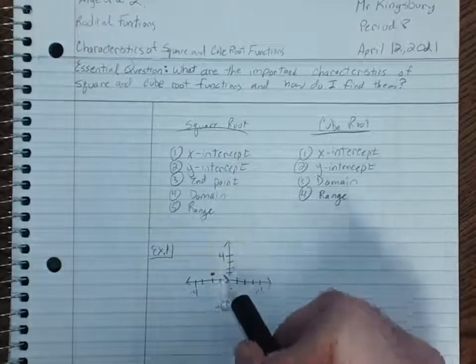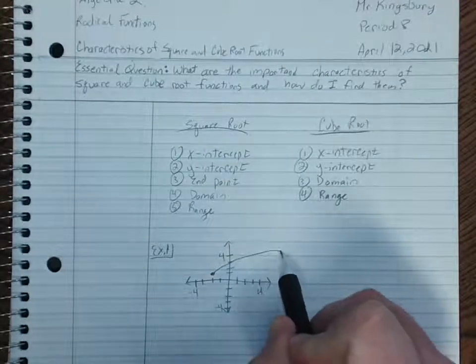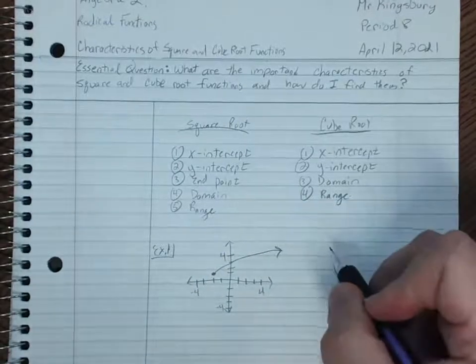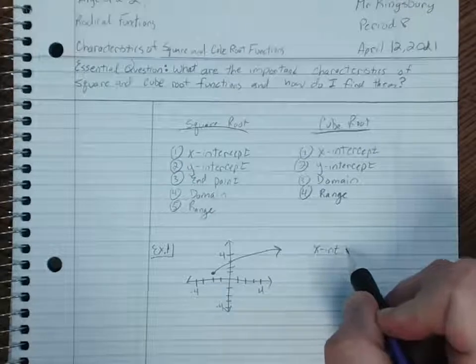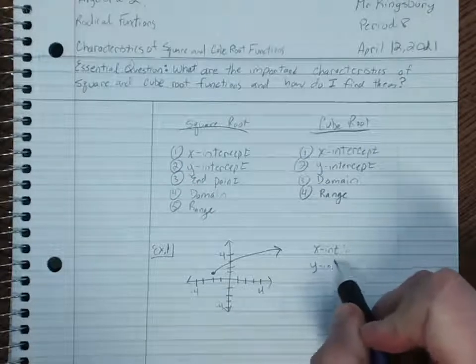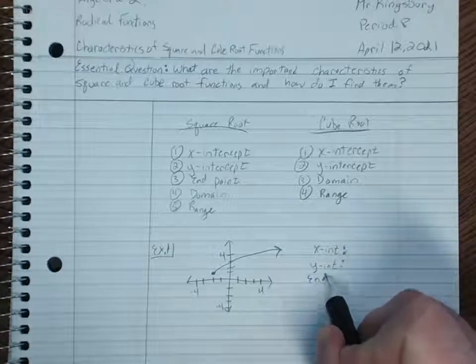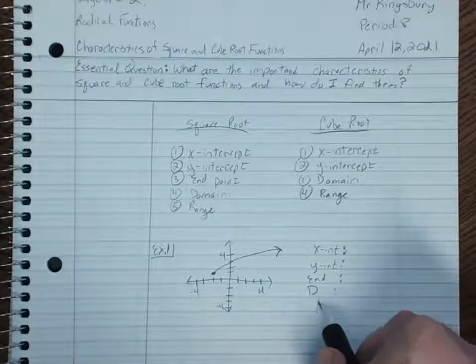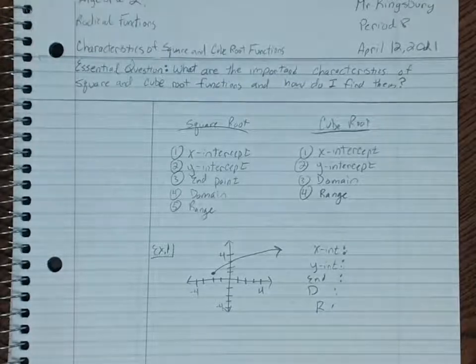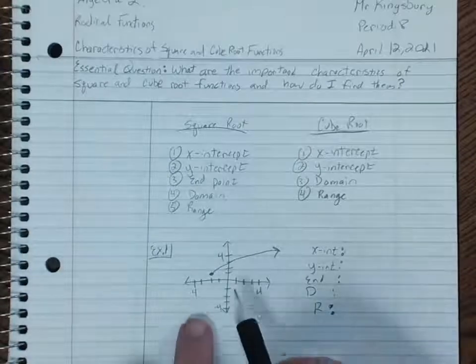Let's say it goes this way. All right. So the 5 things we would look for are the x-intercept, the y-intercept, the endpoint, the domain, and the range. And I'm doing domain and range last because they are built off of the endpoint.